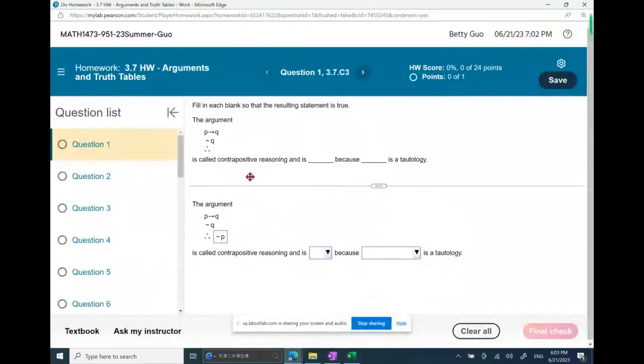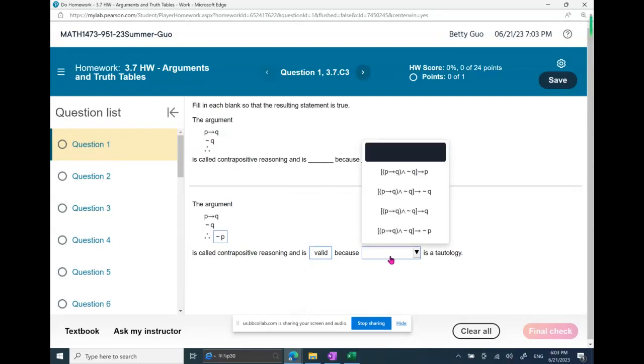This reasoning is called contrapositive reasoning. From if P then Q, now not Q occurs, then we have the consequent not P. This is called contrapositive reasoning, and it is always true, it is valid. The argument is valid because the equivalent conditional statement would be this one.